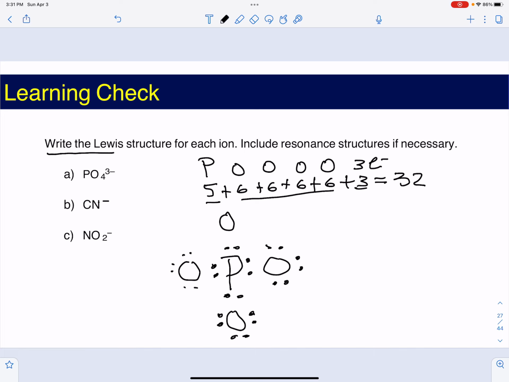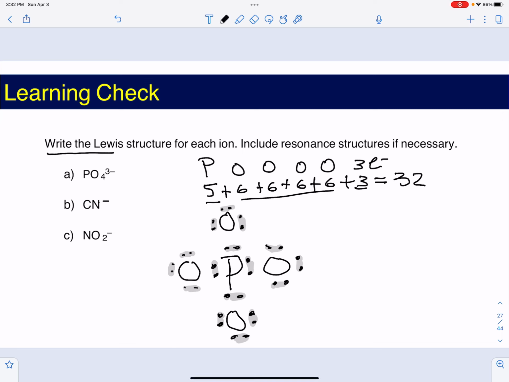We've got 6 more to go. Oh, 6 more to go, right? I was forgetting about that oxygen up there. So that would be 32. So let's double check: 2, 4, 6, 8, 10, 12, 14, 16, 18, 20, 22, 24, 26, 28, 30, and 32.